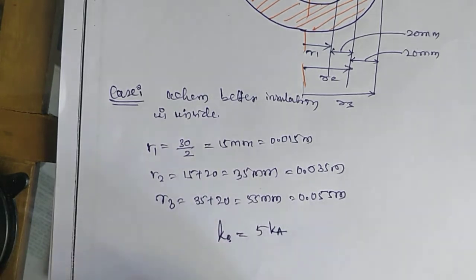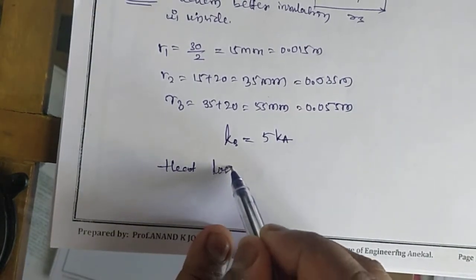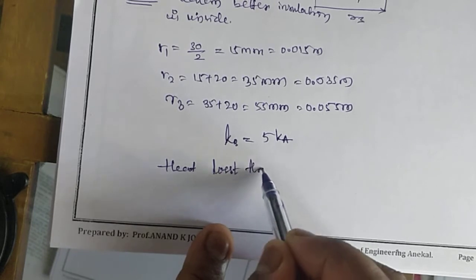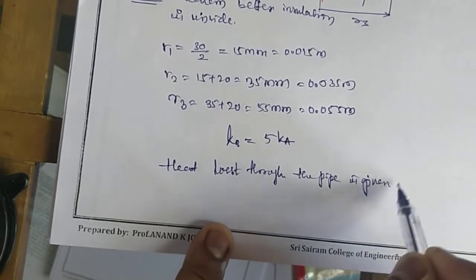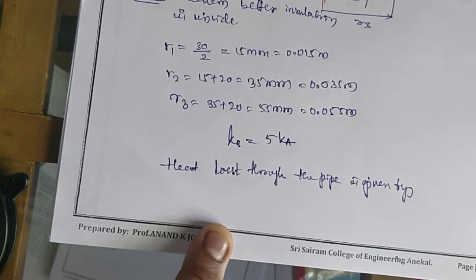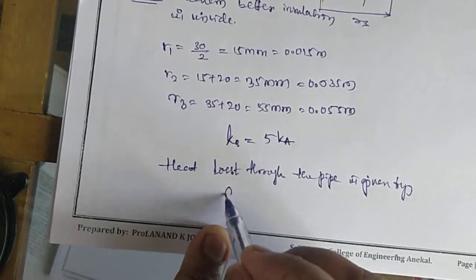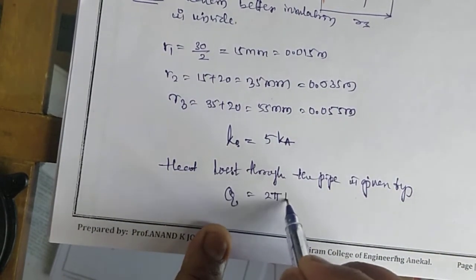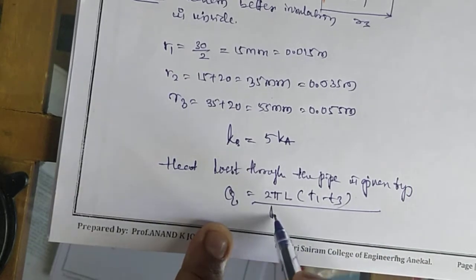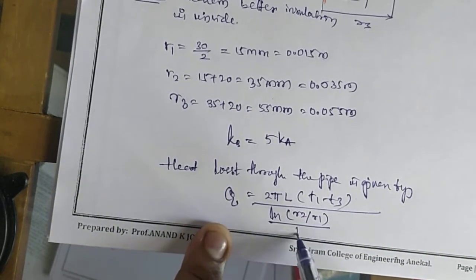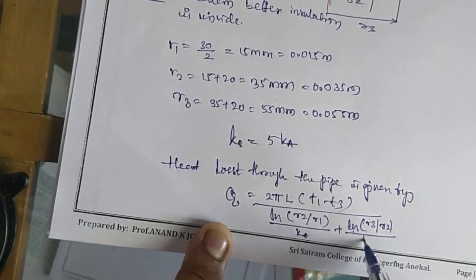The heat loss through the pipe is given by Q is equal to 2 pi L (T1 minus T3) divided by [ln of R2 by R1 divided by Ka, plus ln of R3 by R2 divided by Kb].